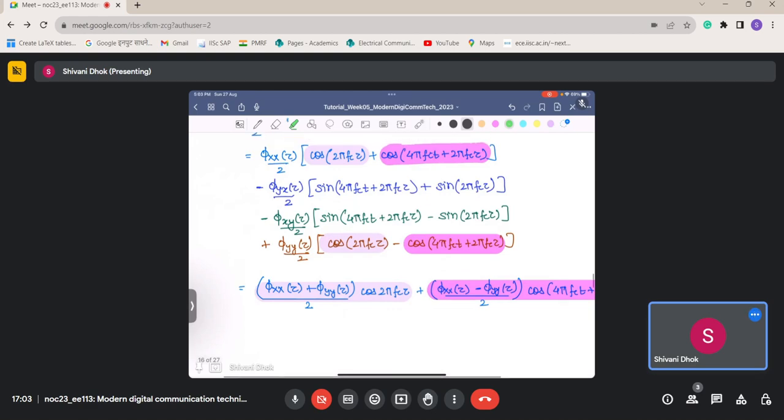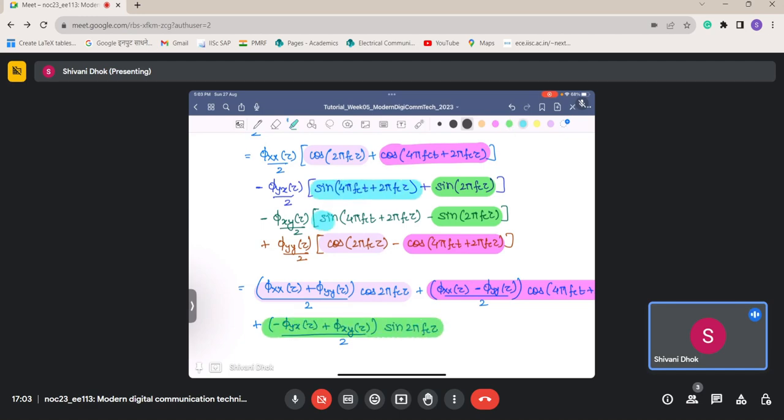Then let us look at the terms corresponding to sin 2 pi fc tau. What we have here is plus minus phi yx tau plus phi xy tau by 2 into sin 2 pi fc tau. So this is corresponding to this term, and let us take the remaining term, which is this.